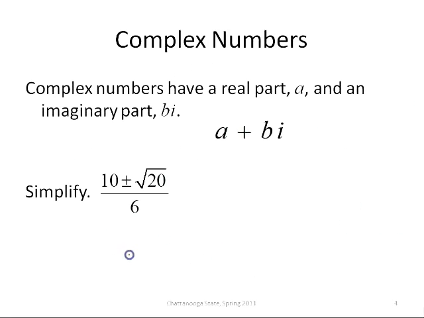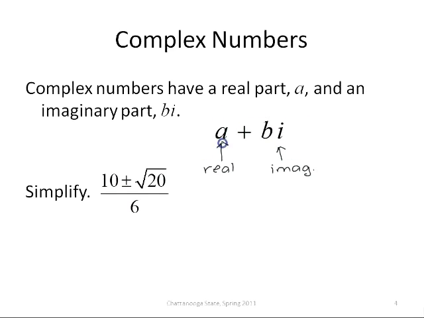Okay, now that we've looked at just purely imaginary numbers, we look at complex numbers. Complex numbers really have 2 terms to them. The first term is the real part. The second term is the imaginary part. It has the i in it.